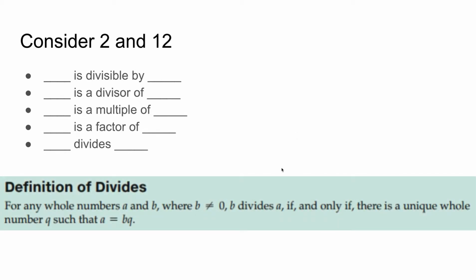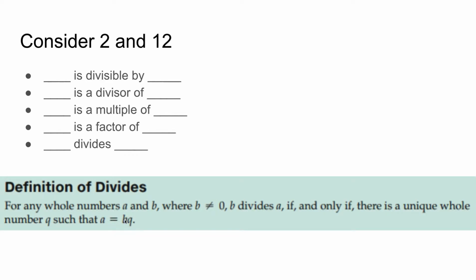So what's the definition of divides? For any whole numbers a and b, where b is not 0, but a can be 0, b divides a if and only if there's a unique whole number q, the quotient, such that a is equal to b times q.